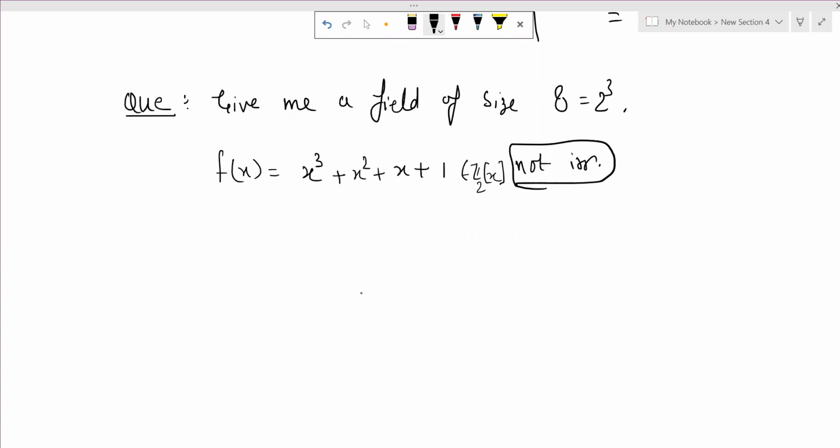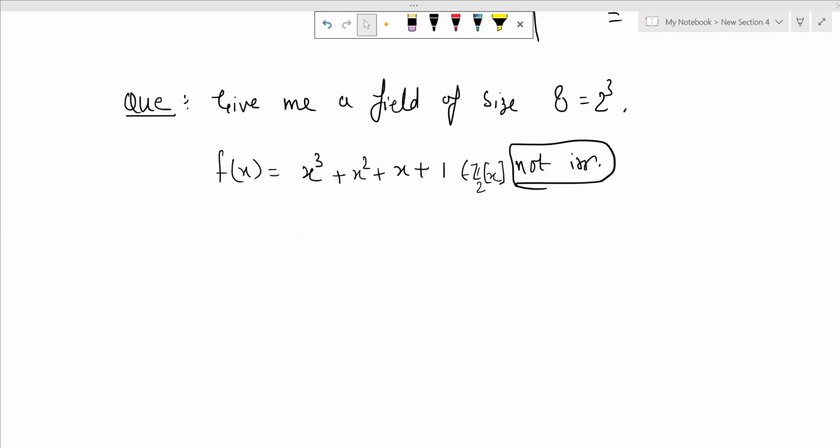X squared plus 1 has 1 as a root. X cubed plus 1. You just need to give me a degree 3 irreducible polynomial. That should not be that hard. Just modify your example.